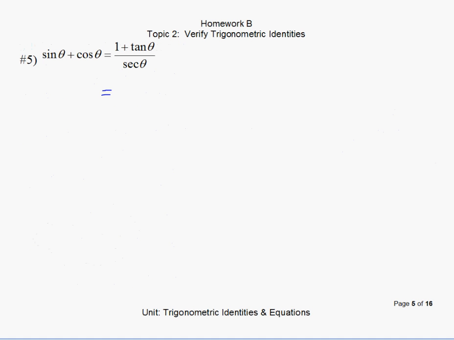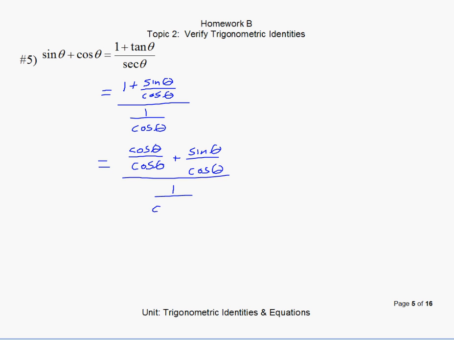Number 5, I would take the right side and I would change the tangent to sine over cosine, and I would change the secant to 1 over cosine. Then in my numerator, I'm adding 1 plus a fraction. Change the 1 to have a common denominator. Add the fractions. When you add the numerators, leave the bottoms the same. Now I have a complex fraction.